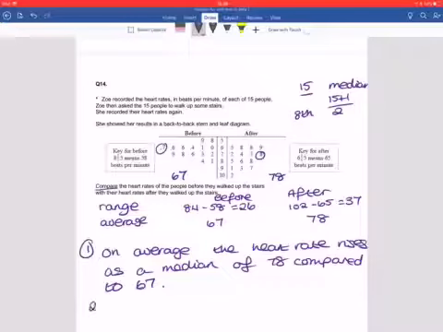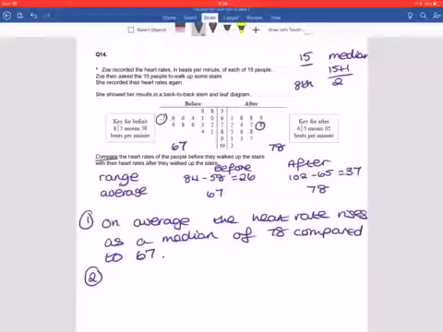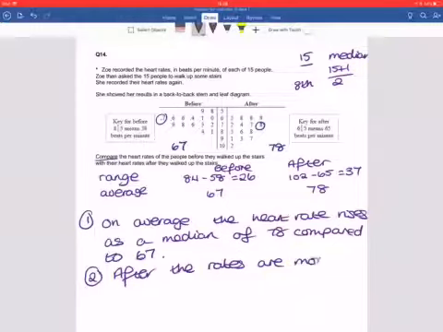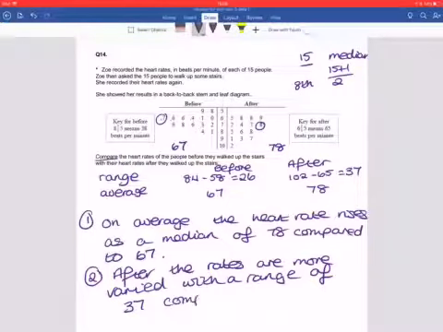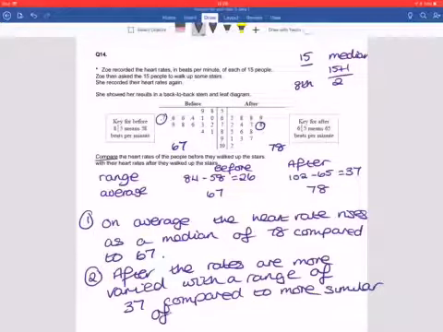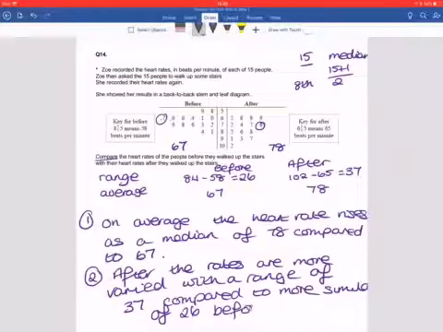And my second comparison is after the rates are more varied with a range of, what did we say, 37 compared to more similar, 26 before. And that's the end.